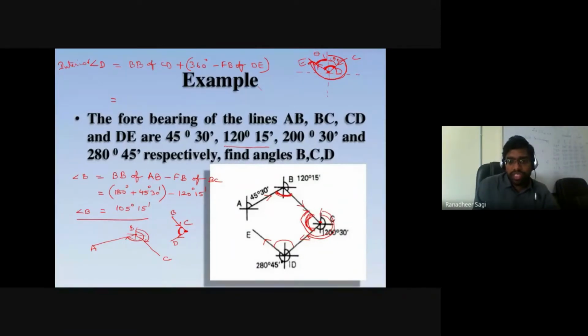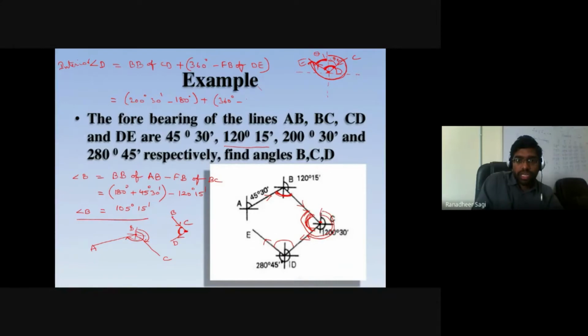If I am required to calculate the back bearing of the CD line, I know the forebearing of the CD line is 200 degrees 30 minutes, which is greater than 180 degrees. So the back bearing is 200 degrees 30 minutes minus 180 degrees, plus 360 degrees minus the forebearing of the DE line.